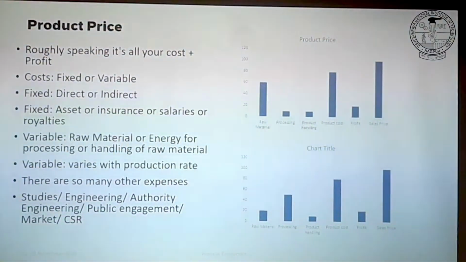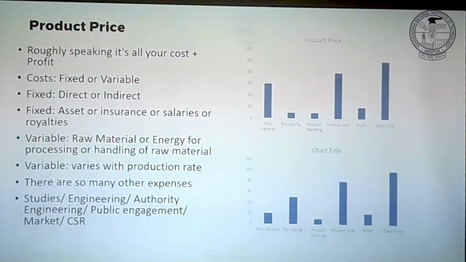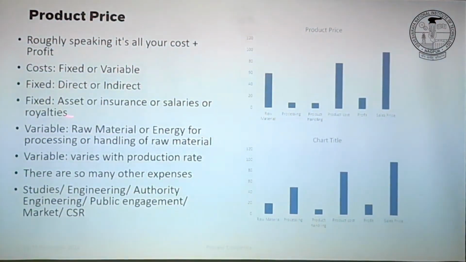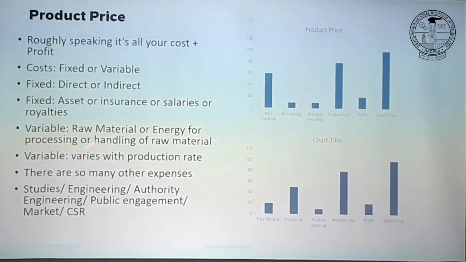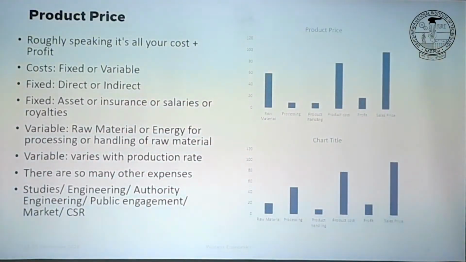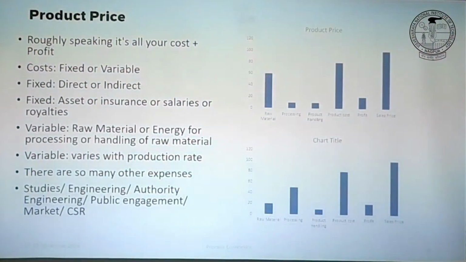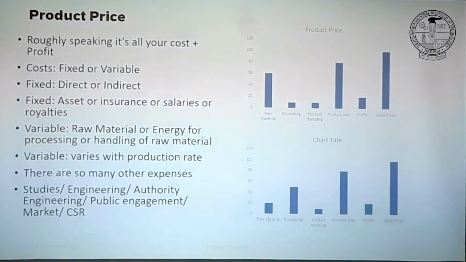You have to pay salaries. So those are fixed operating costs, as opposed to variable operating costs. And fixed operating costs can also be direct or indirect: directly related to your production, or indirect, like insurance premiums and all those kinds of things.